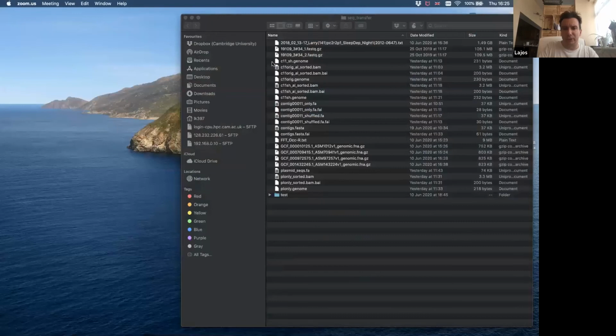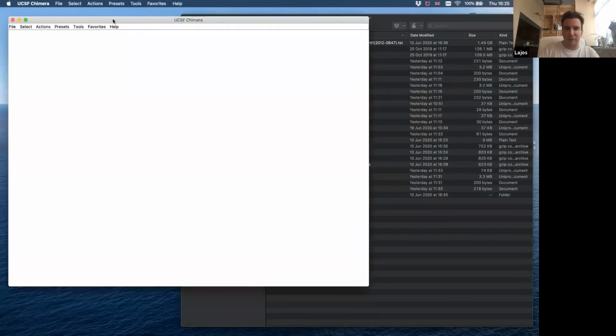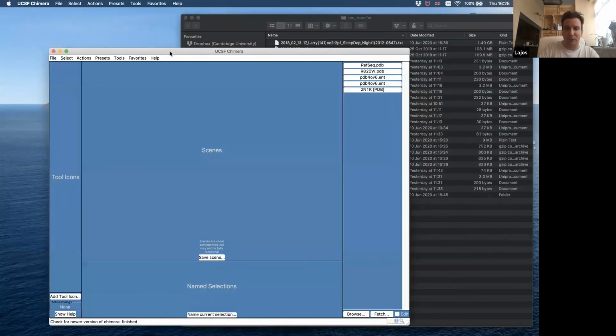This is Chimera. It will load in. If you want to download it, it's the UCSF Chimera. That's what you have to search for. I think it's a very user-friendly program. It's absolutely cross-platform, so you can use it on Mac, Windows, or Linux as well. And the good thing is that it's hardwired to the PDB.